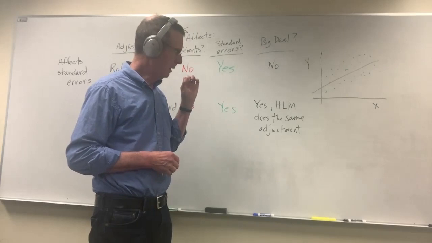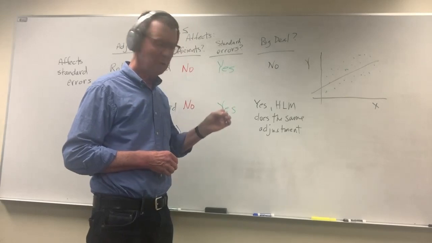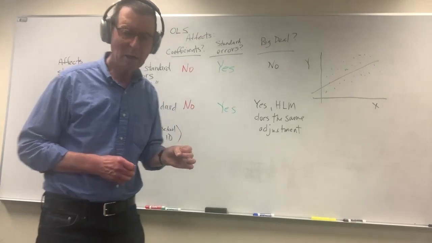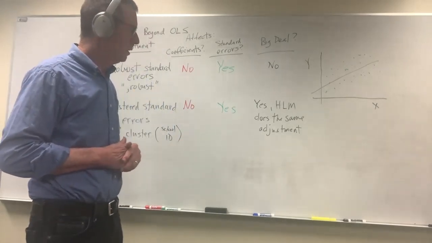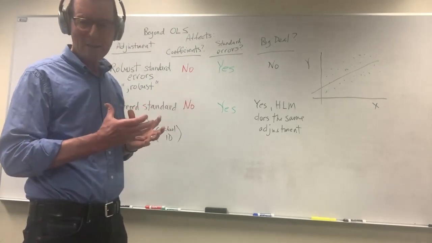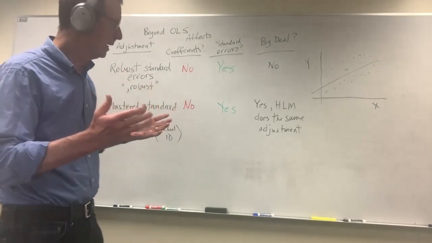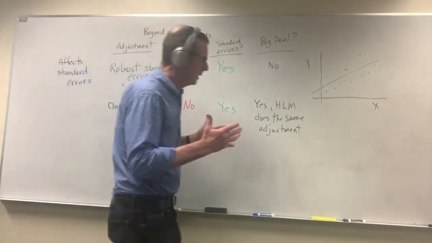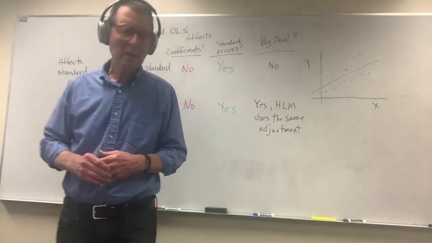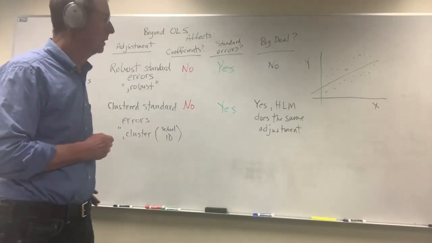ECLSK went in and sampled kindergarten classrooms. And then as a second stage, it selected a small number of children within each of those kindergarten classrooms. So those kids are more alike than two kindergartners drawn at random from the population as a whole, right? The kind of characteristics that lead kids to end up in the same kindergarten classroom lead them to be probably more alike in many other ways as well.